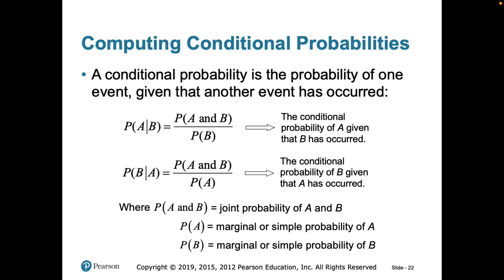The formula is very similar, just moving the letters. And so remember, the probability of A and B is the joint probability of A and B, and the probability of A is the marginal or simple probability of A, and the probability of B is the marginal or simple probability of B.